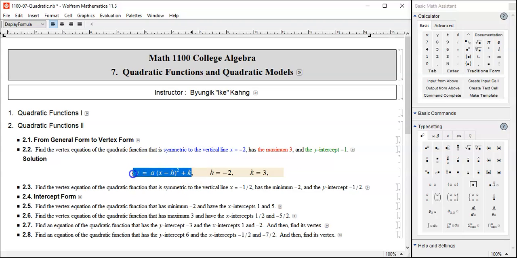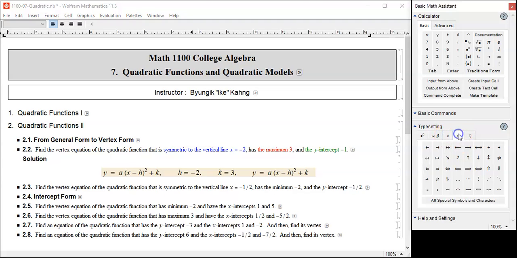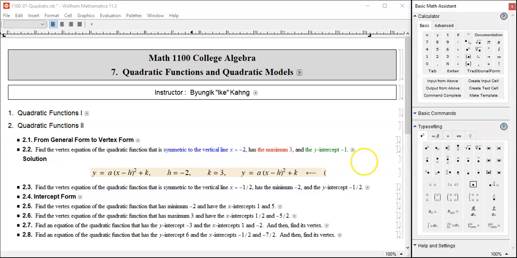What do you mean by that? This equation runs through (0, negative 1). You see y-intercept, so it runs through the y-axis where x coordinate is 0.